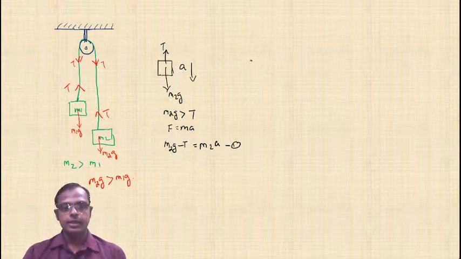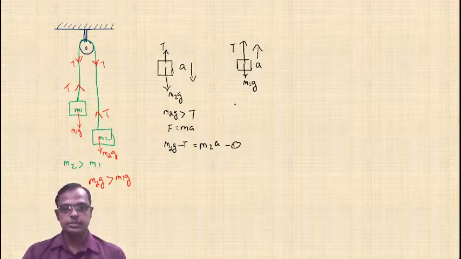Next case, if you draw the free body diagram of M1, the force acting downward is M1G, and the force acting upward is tension, and the body is now accelerating upward. So here also you can write the resultant force: tension minus M1G.